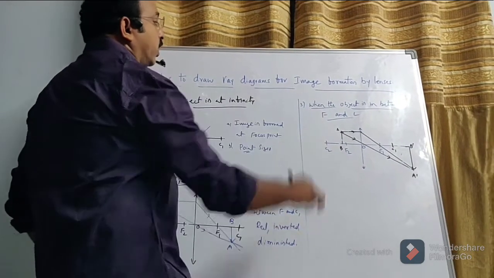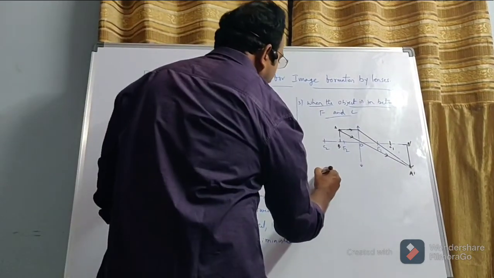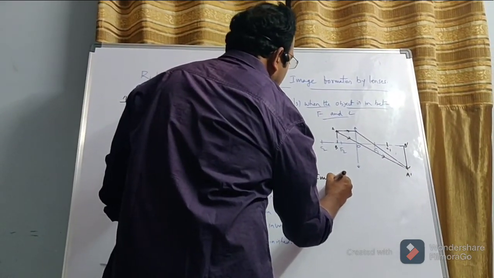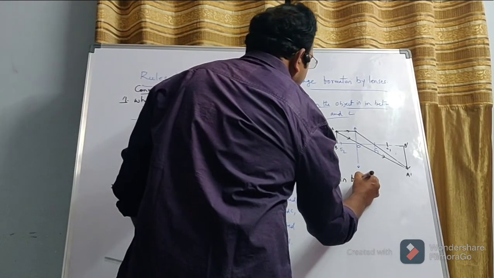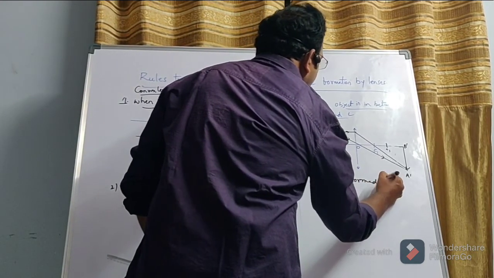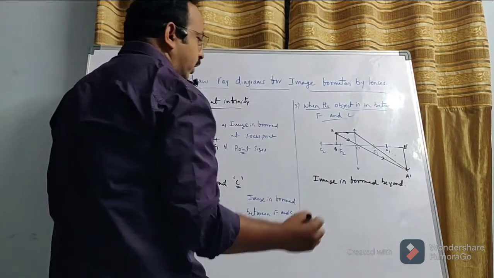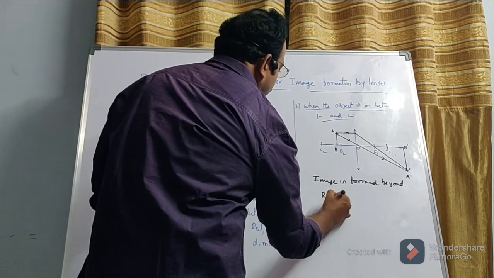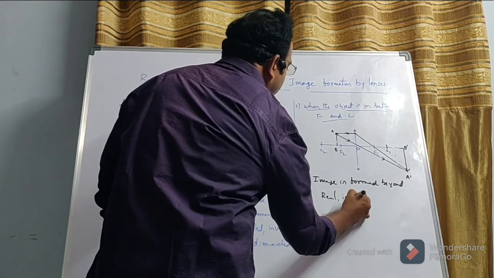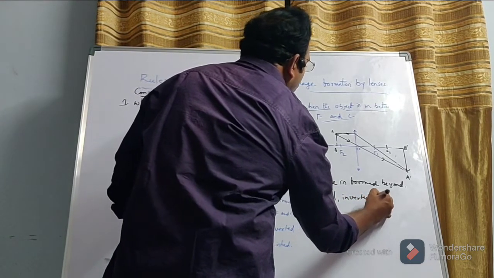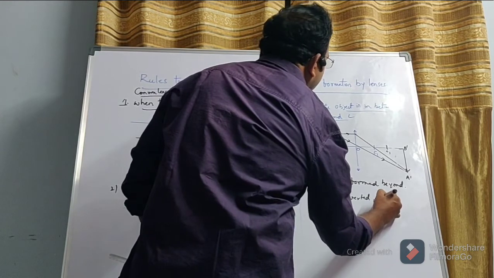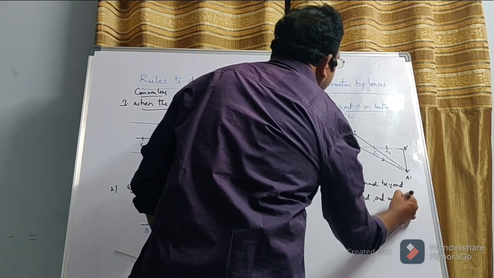So when the object is in between F and C, we can write down that the image is formed beyond C. The image characteristics: it is real, inverted and also magnified.